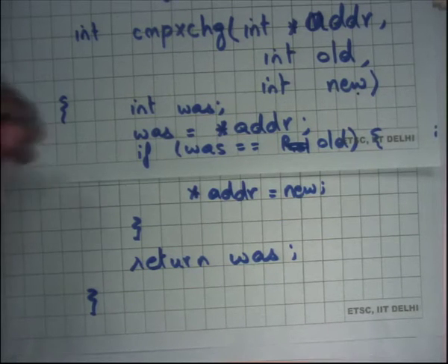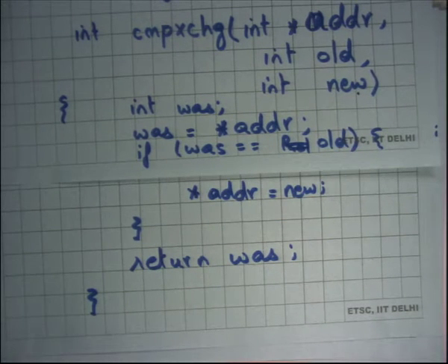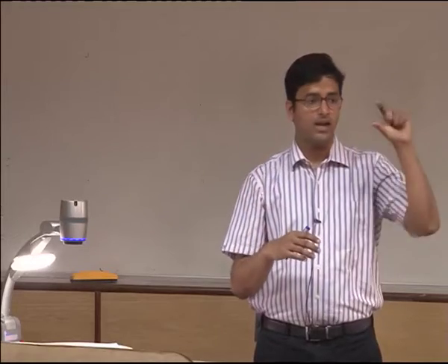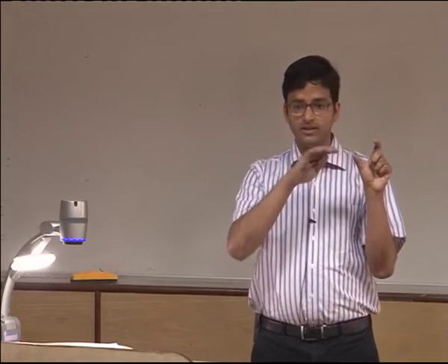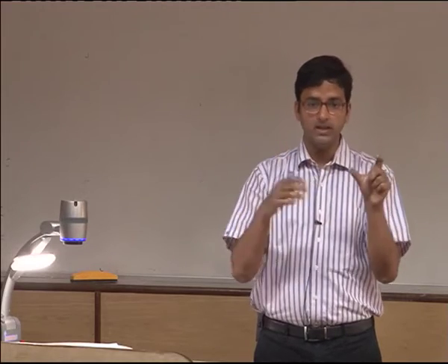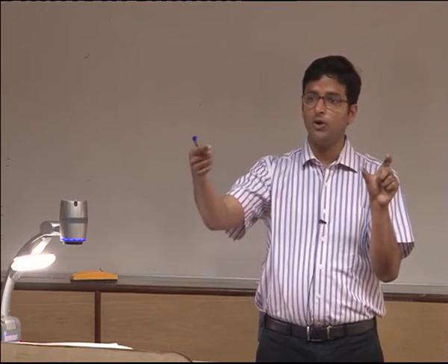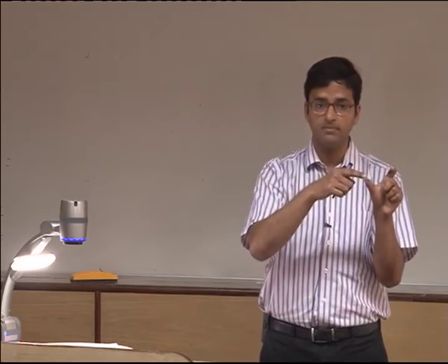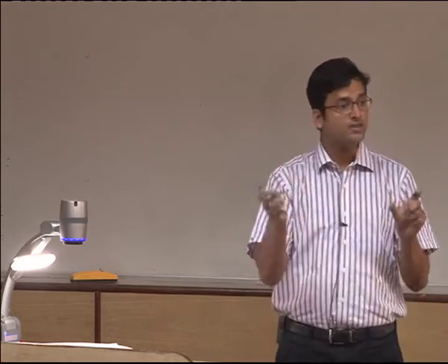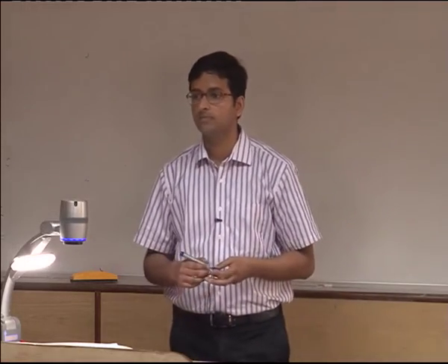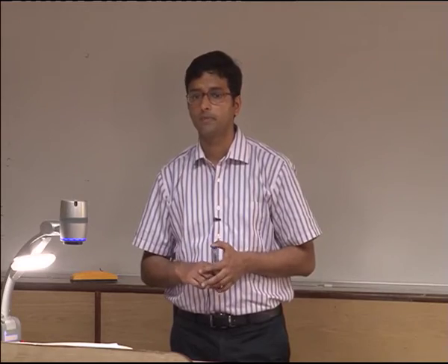So the idea is, I have previously read some value from this location called adder, and I have it in a register. Now this instruction is going to atomically check if the value of that location is still the same, and if so, replace it with the new value, and if it is not still the same, then it is not going to replace it with the new value.